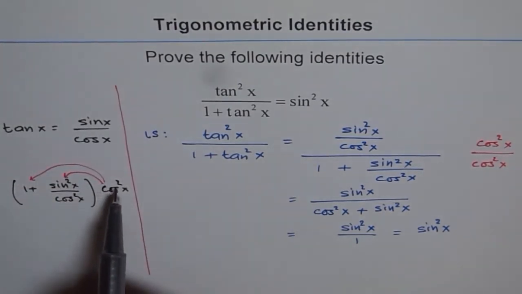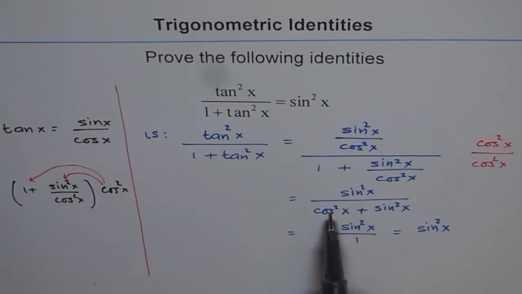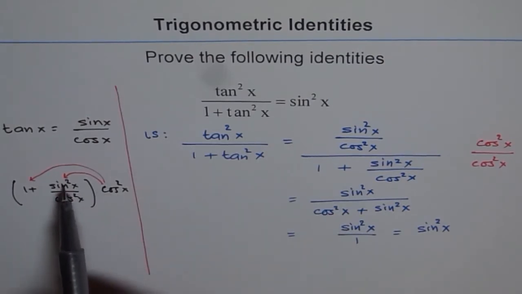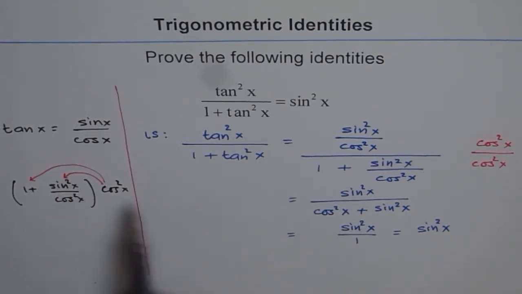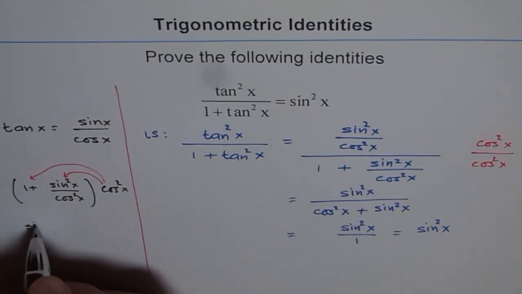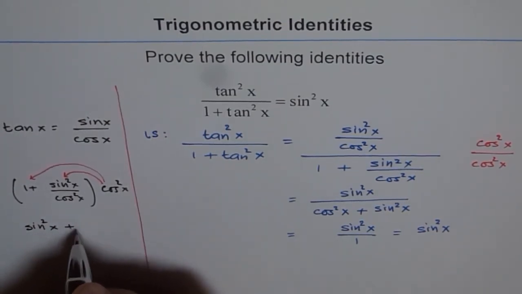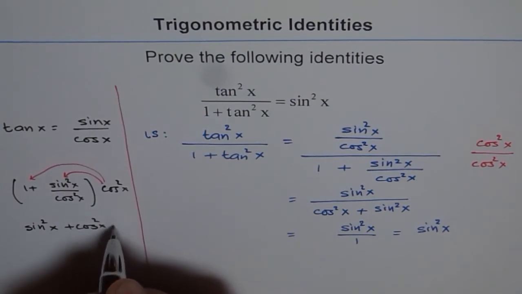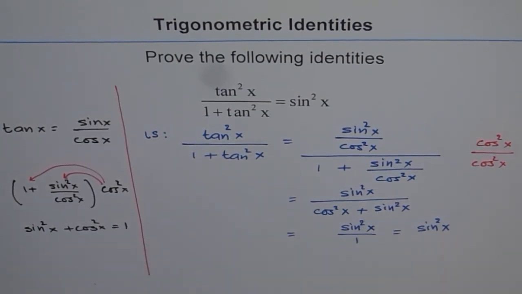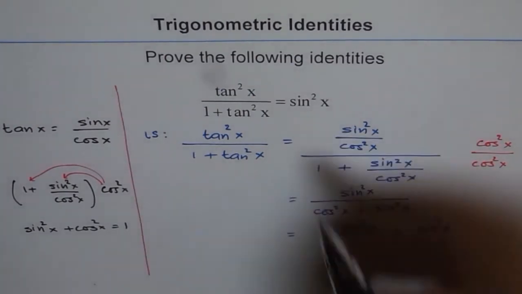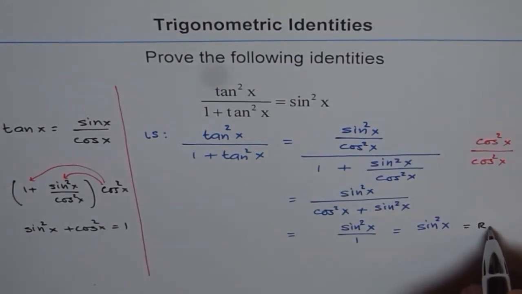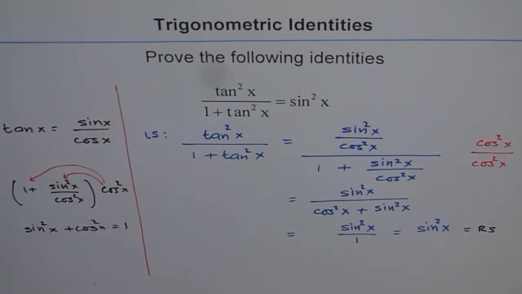When you multiply cos squared x with 1, you get cos squared x, and when you multiply cos squared x with sine squared x divided by cos squared x, they get cancelled out and you're left with sine squared x. And as you know, in the identities, sine squared x plus cos squared x is how much? 1, and that's what we replaced this with, right? And so we started with the left side and we got sine squared x on the right side. So this identity has been proved. Okay, thank you.